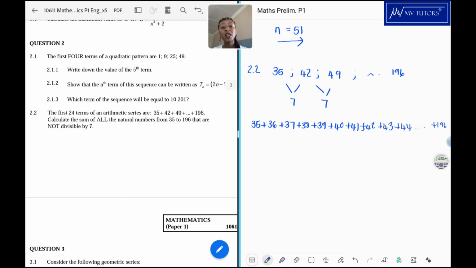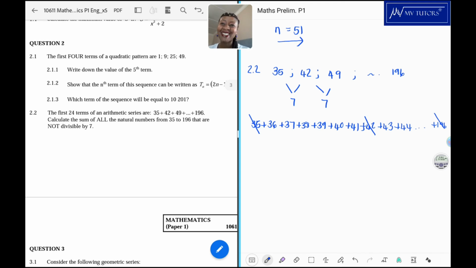Okay, so these are all the natural numbers from 35 to 196. But they said we should calculate the sum of all the natural numbers, okay? But exclude those that are divisible by 7. So basically, you're going to cancel out 35 and you're going to cancel out 42 and all the other numbers divisible by 7, including 196.